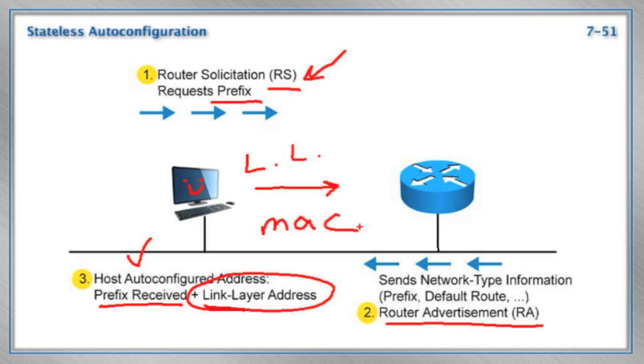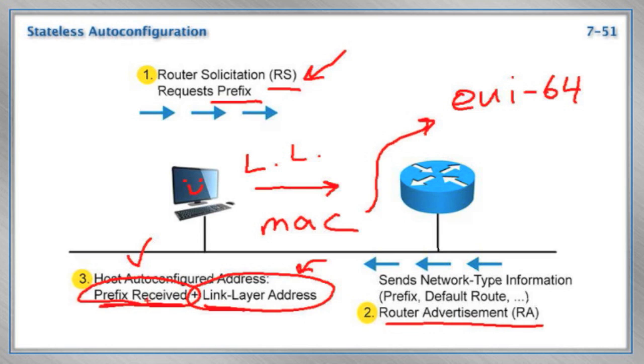It uses its MAC address in a process called the EUI 64 process. This is probably beyond the scope of CCNA a little bit, but that's okay if we go a smidge beyond. So it can automatically calculate its host portion once it gets its prefix from the local router, and voila.